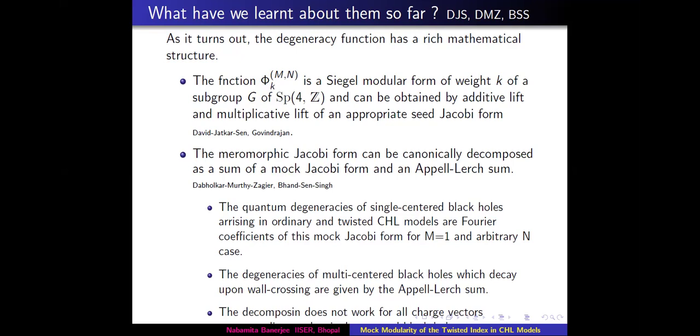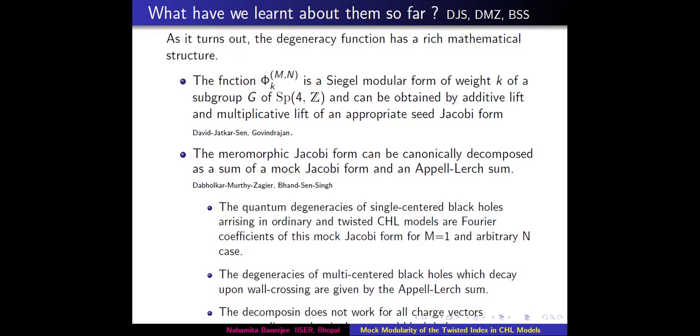More recently, in the work of Dabholkar, Murthy, Zagier and Ajit, Ashok and Ranveer, they have shown that the meromorphic Jacobi form, which is related to this Jacobi form, can be canonically decomposed as a sum of a mock Jacobi form and an Appell-Lerch sum. I'll tell you what these objects are.